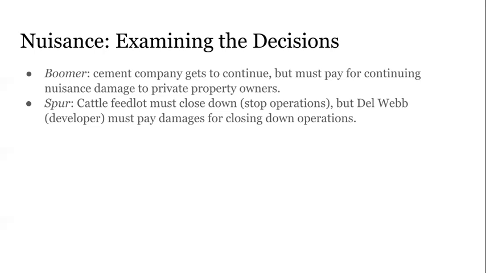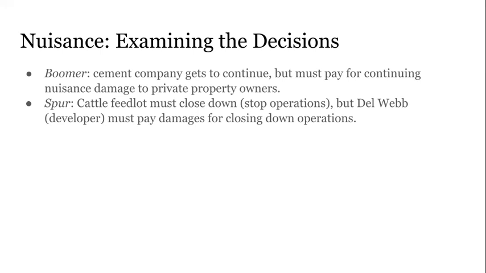So in that case, they said, you know what, Spur, you create huge economic activity, that matters. So we're going to enjoin you, but we're not just going to enjoin you and that's the end of the story. They came to the nuisance. The developer at least should have known and probably did know about what was happening, and that developing in this area with you existing would probably create a nuisance for the private landowners.